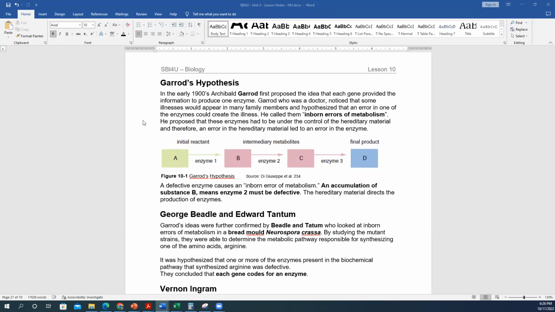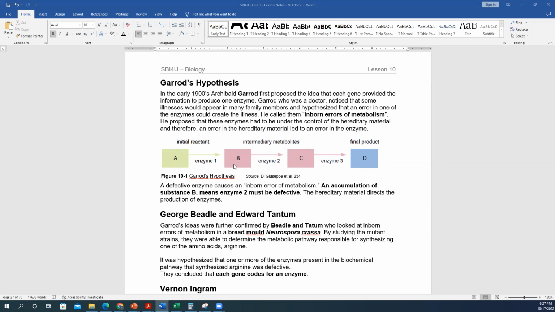For example, he hypothesized that in a metabolic pathway where reactant A is processed through enzyme 1 becoming B, processed by enzyme 2 to become C, processed by enzyme 3 to become D, the final product, if you have an accumulation of substance B, this must mean that enzyme 2 is defective, because enzyme 2 takes care of transforming substance B to the next substance in the pathway.